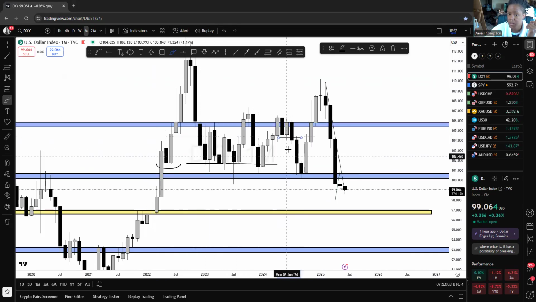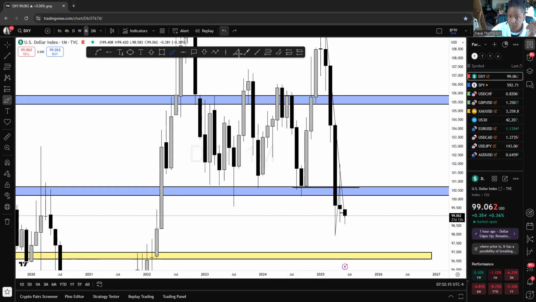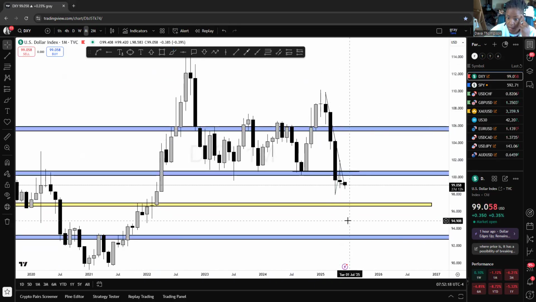It broke that officially, came up, didn't break this high because it's not two candles, it's just one. So it's only testing that previous high. And then it yeeted back down to pretty much confirm this break of support.